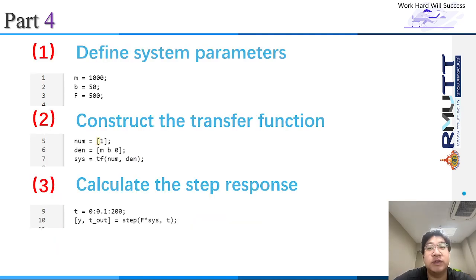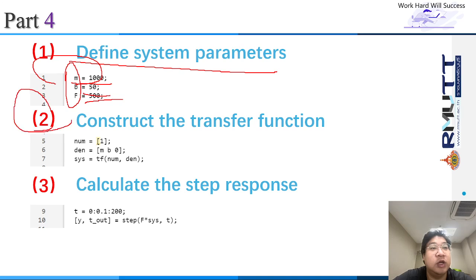First, this section of code defines the core physical parameters of the spring damper system, M and B. The second step is, based on the parameters, the transfer function of the system is constructed.